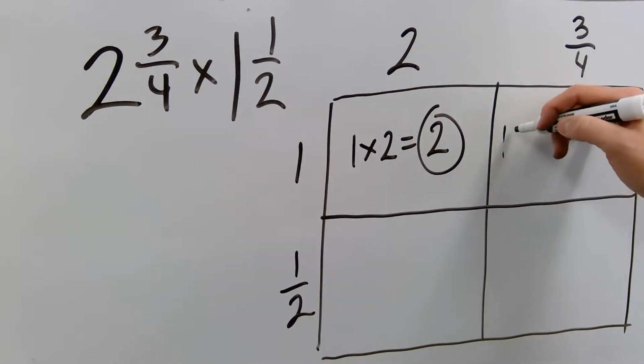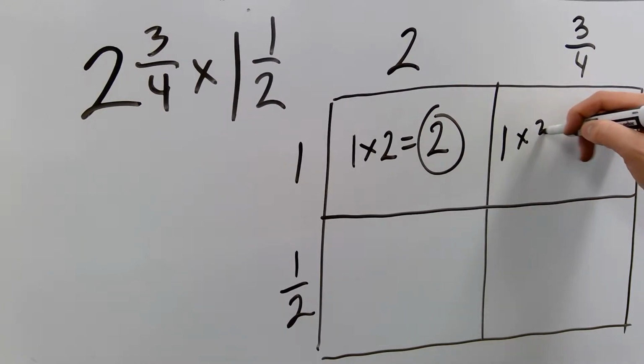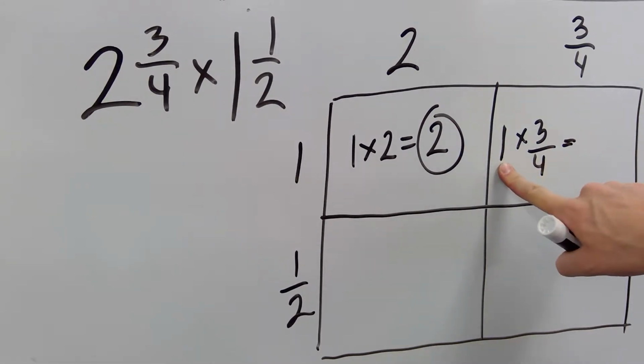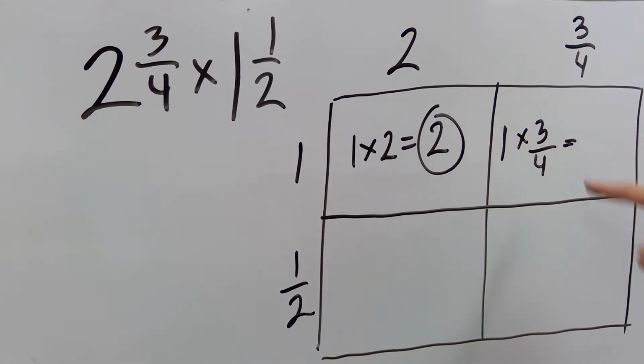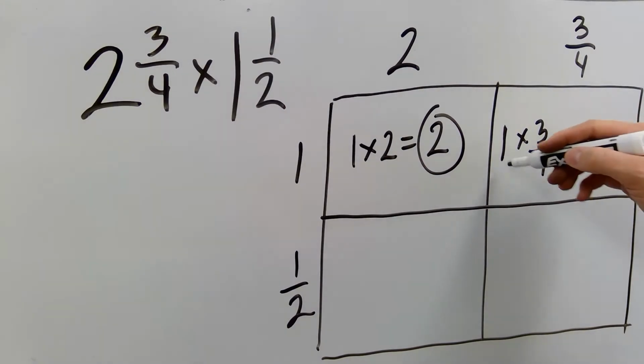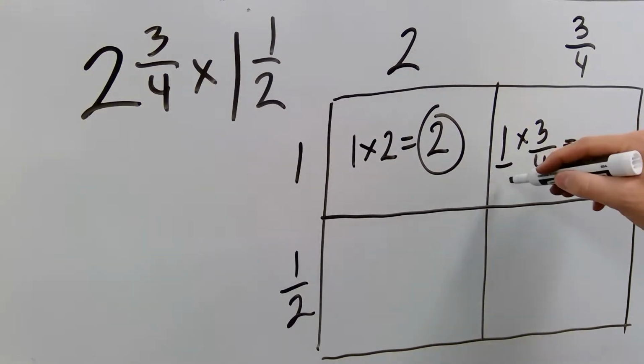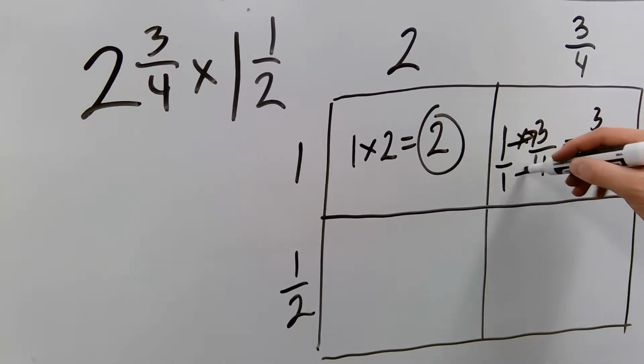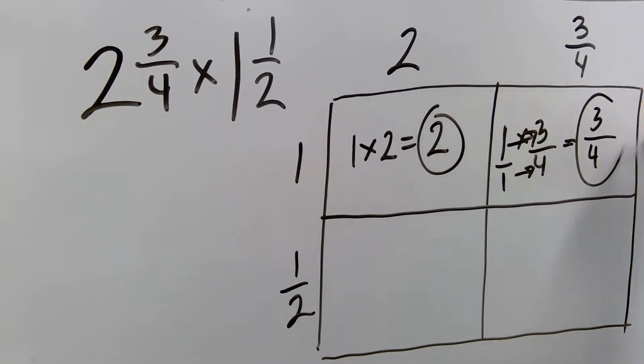In this box, I'm doing 1 times 3/4. And I don't even really need to do all the work, because anytime we multiply 1 by anything, the answer is just the other number, but I can still go through the process. A whole number is always over 1. 1 times 3 is 3. 1 times 4 is 4. So my answer is 3/4.